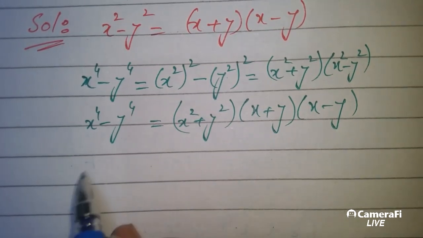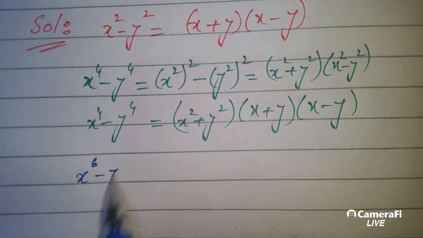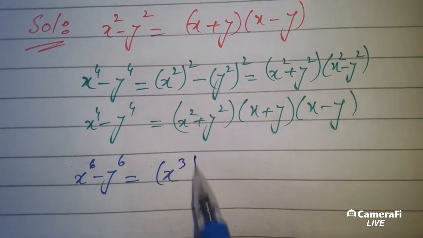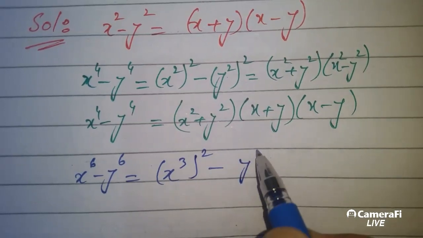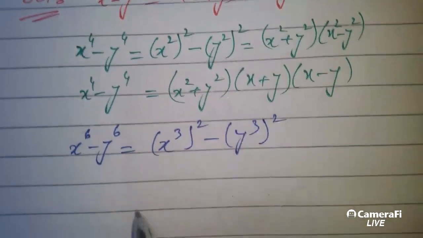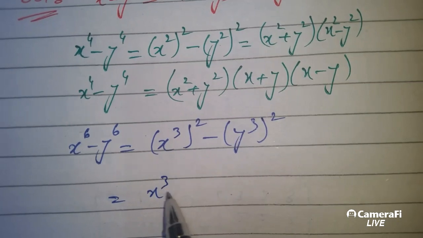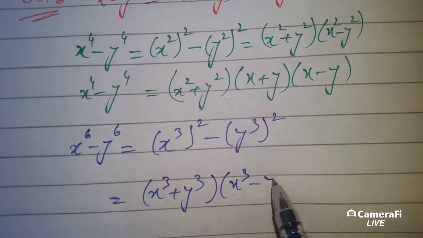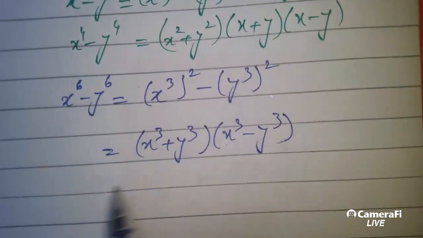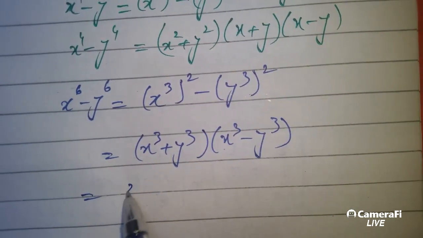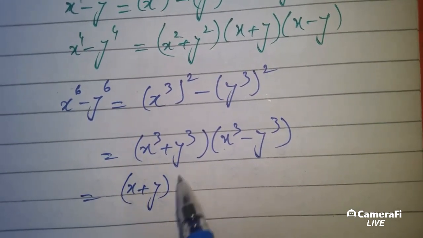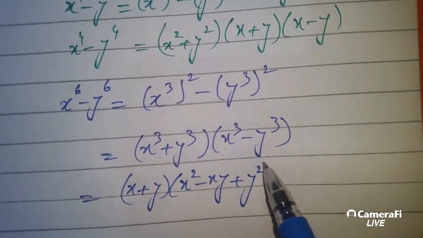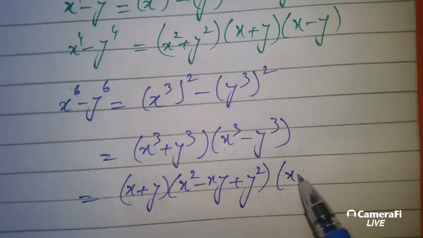Next I have x raised to power 6 minus y raised to power 6. It can be written as, now I can apply the formula like this, and applying the cubic formula here, on this as well.